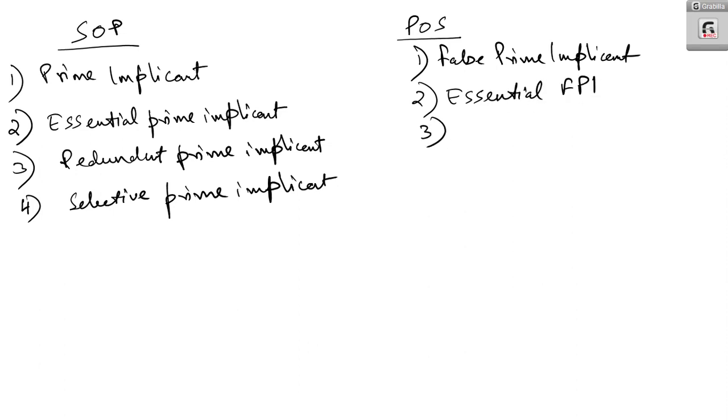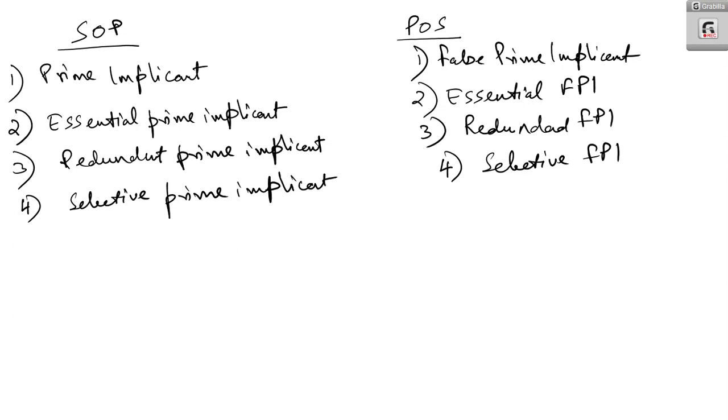Third one is selective essential. Then redundant false prime implicant, and last one is selective false prime implicant. So we have basically 8 definitions.